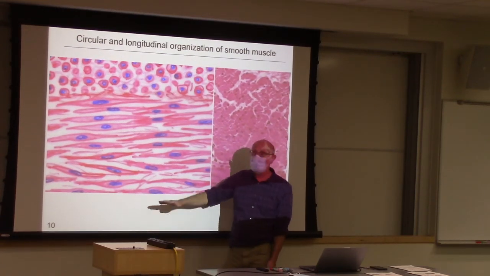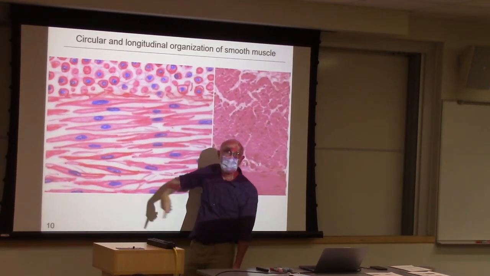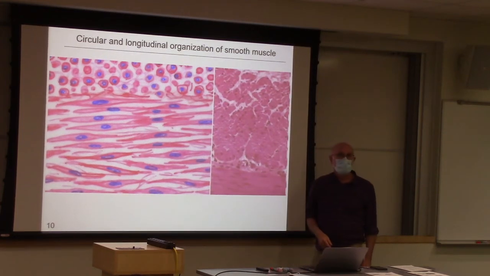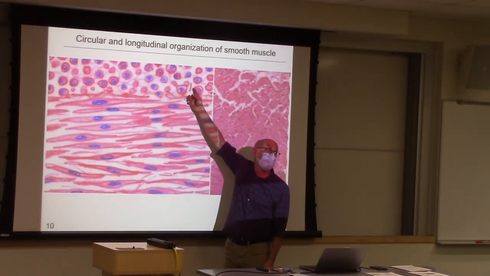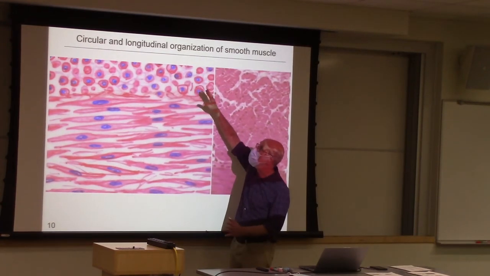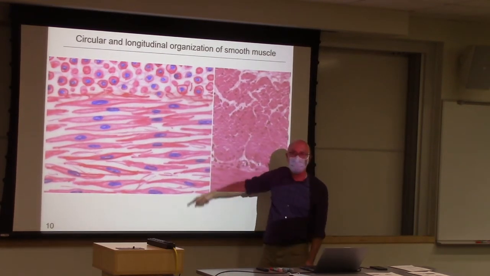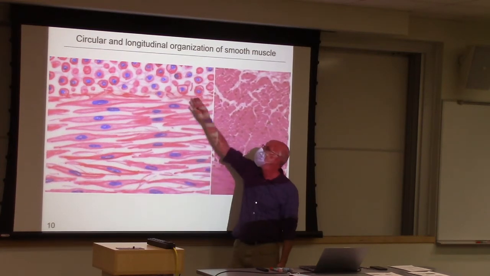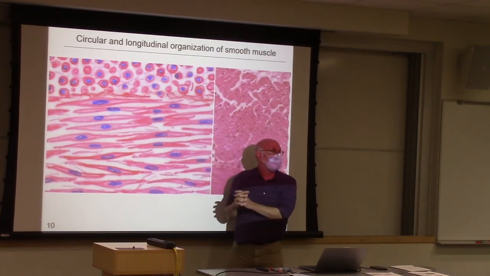So the tube is lined by longitudinal and circular smooth muscle. In arteries and veins, the smooth muscle that's most important for controlling the diameter is the circular smooth muscle. Because you can see, if this is a donut of smooth muscle surrounding a tube, then contracting this smooth muscle is going to narrow the diameter of the tube.